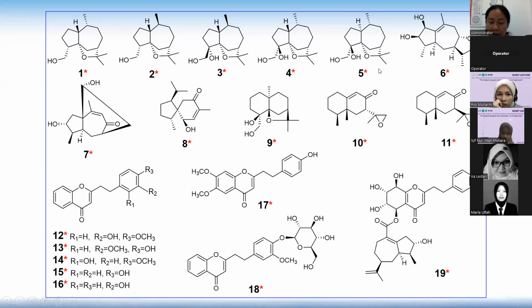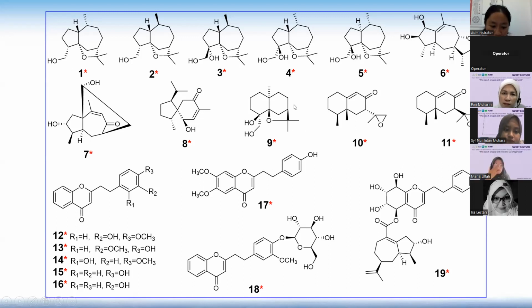Here, compounds 1 to 5 all have this oxygen ring. And the agarwood type sesquiterpene, like this compound 9, is until now only found from agarwood from Aquilaria sinensis and Aquilaria agarwood. So this is also a very typical compound.